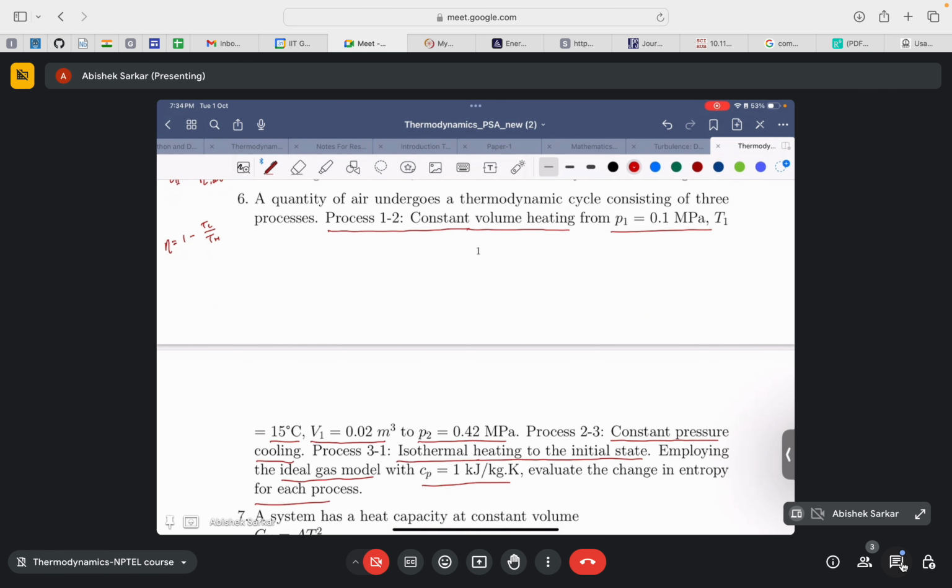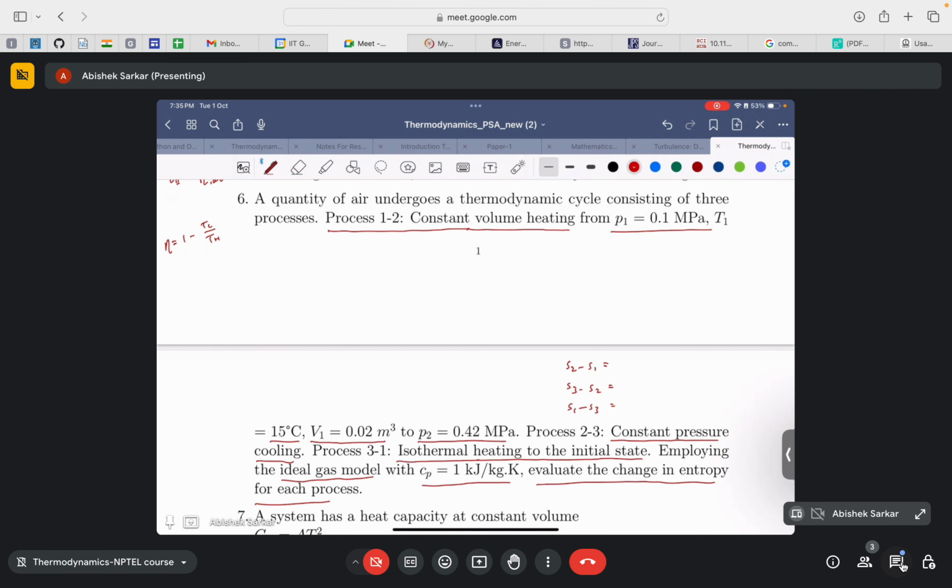So you need to find delta S 1 to 2, delta S 2 to 3, and delta S 3 to 1, that is S2 minus S1, S3 minus S2, and S1 minus S3. I will give you a clue.